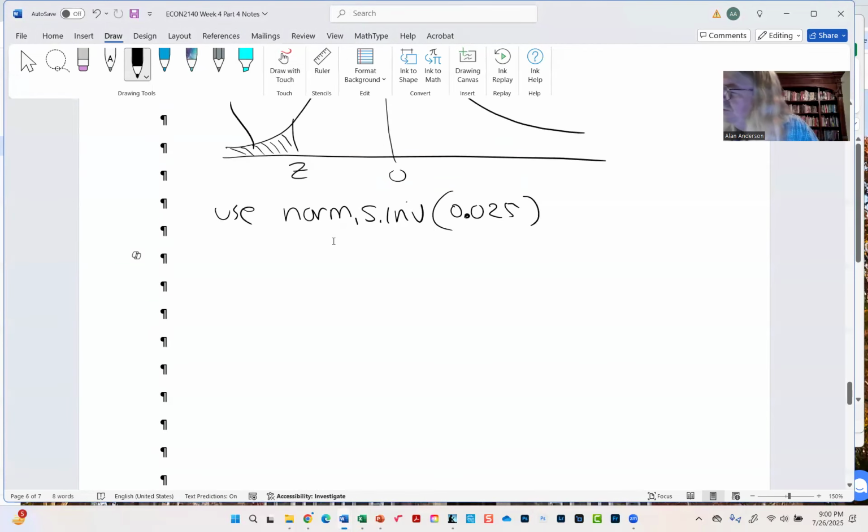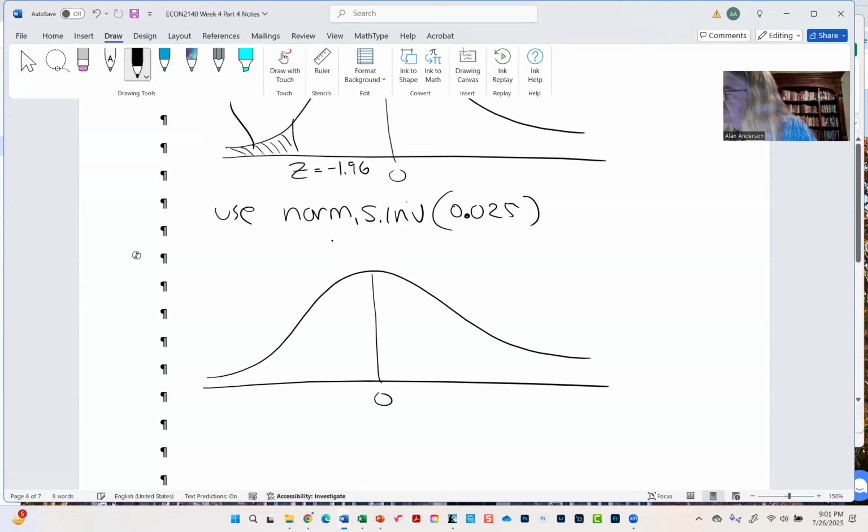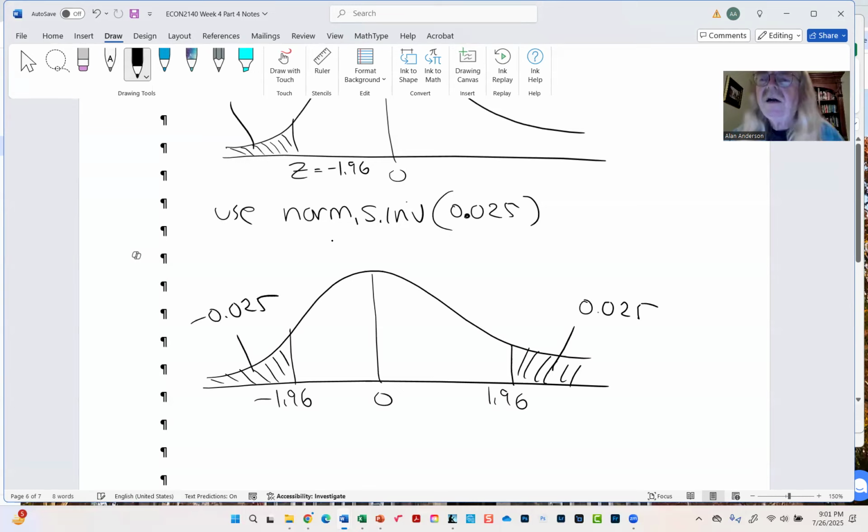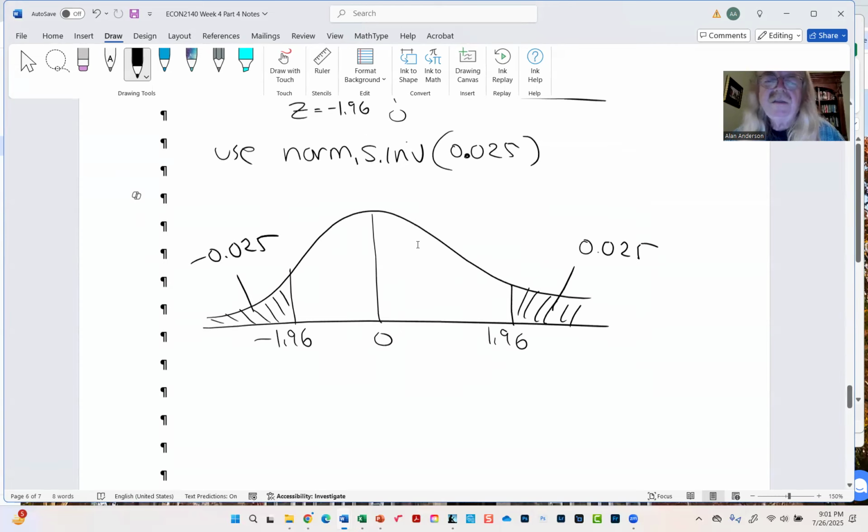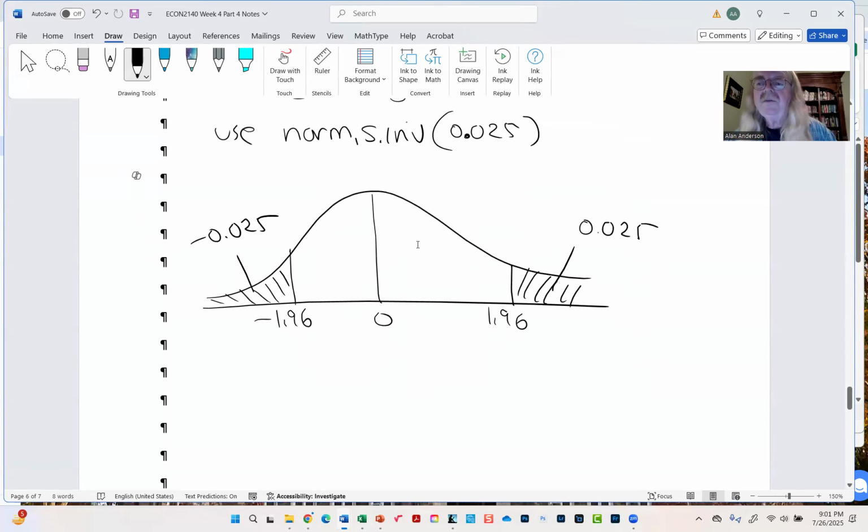It's because of this property of symmetry. Okay, remember the left and the right-hand sides of this distribution exactly match each other.